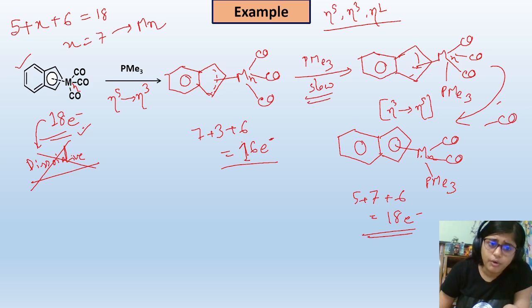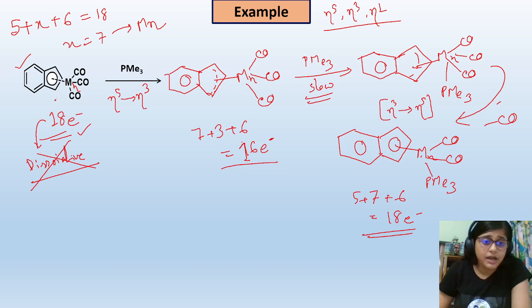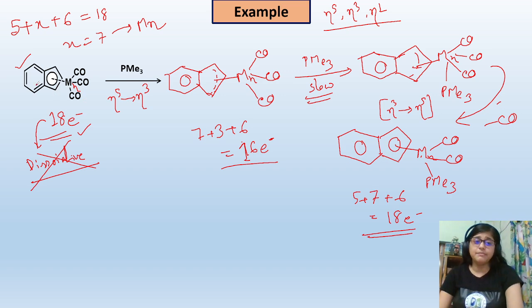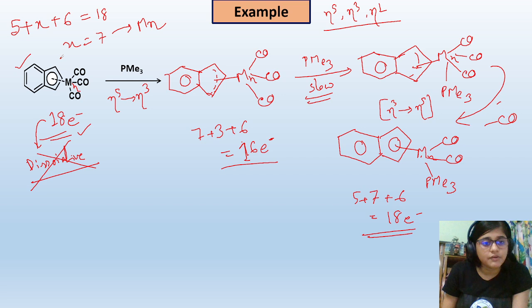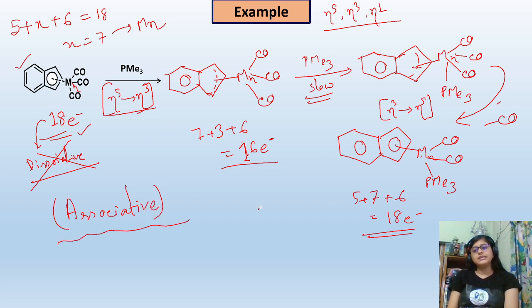So it can, but if there is any chance for the associative mechanism, then obviously the associative mechanism will happen first. Here one chance was there after conversion of eta 5 to eta 3, so that's why it goes through the associative mechanism.